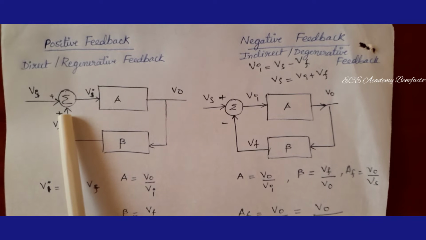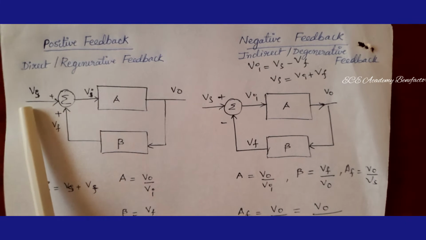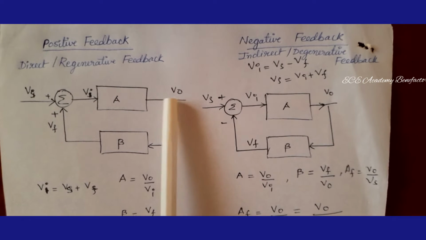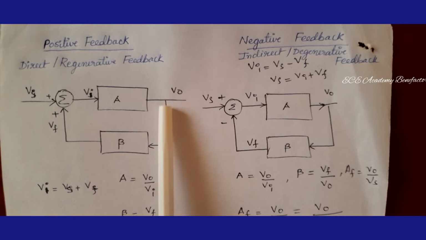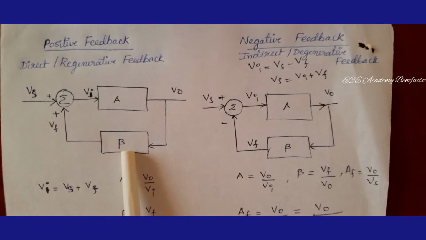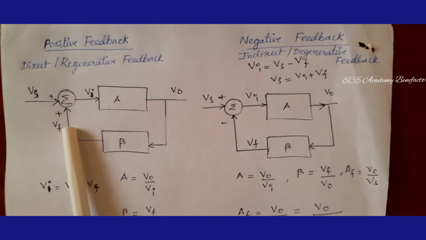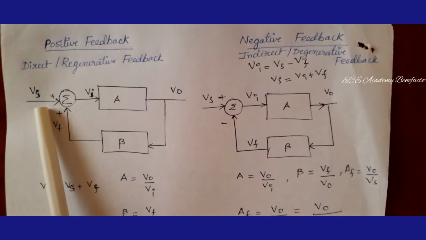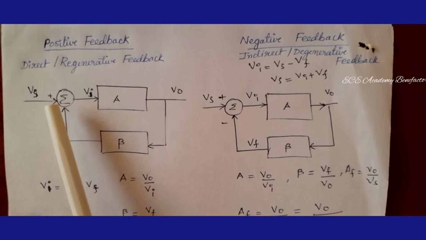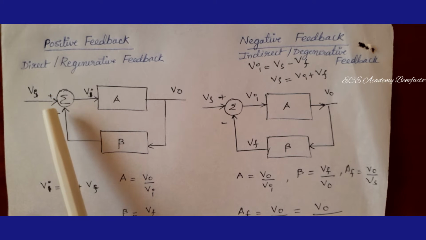At the input side we are having a mixer. The input source signal is coming and the output signal is V naught. A fraction of output is taken by this feedback network. If the feedback signal fed back is in phase with the incoming signal, which is shown here by the polarity sign plus, that is, the feedback signal and source signal both are in phase.